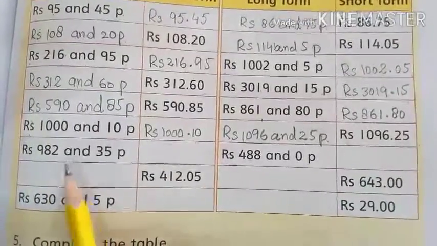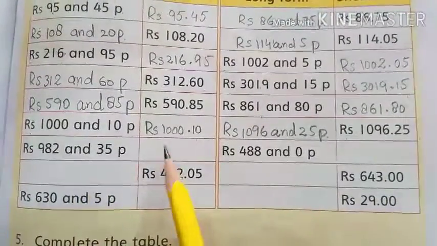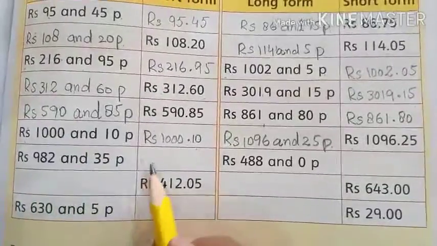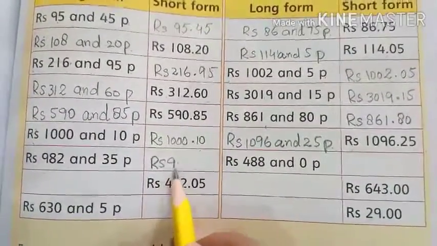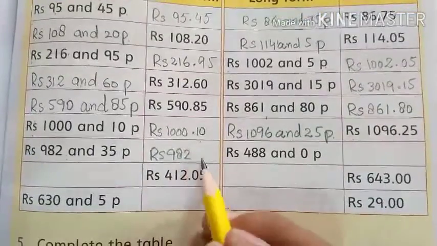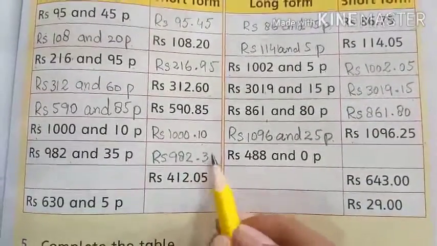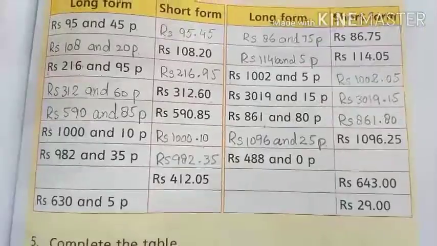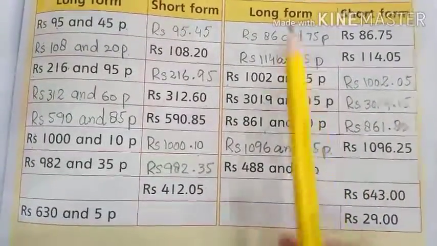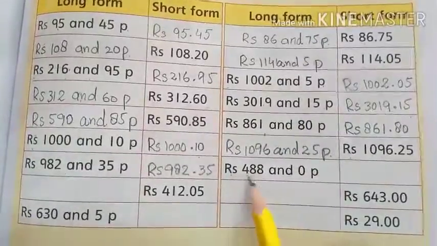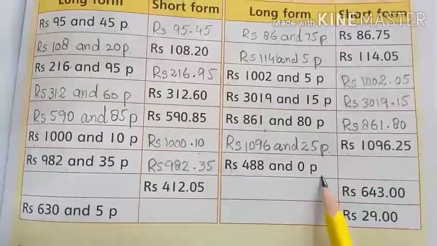This is the long form, and we have to write in short form. We will write like this: rupees 982.35. Okay students, this is the short form. The next one is long form, rupees 488 and 0 paise.